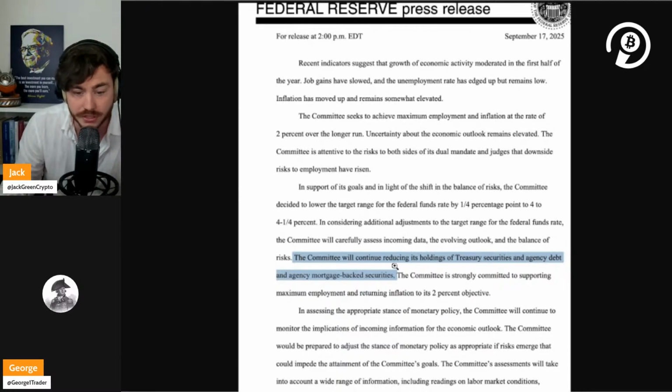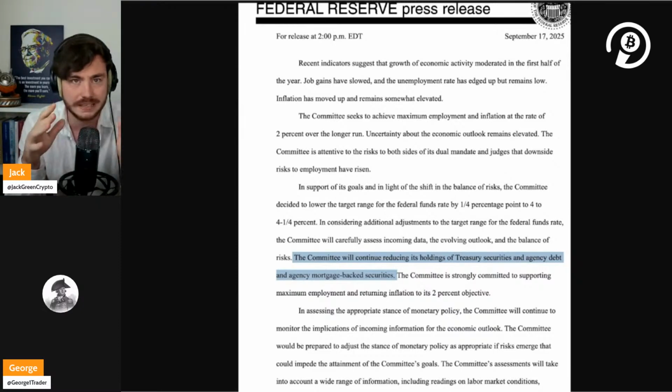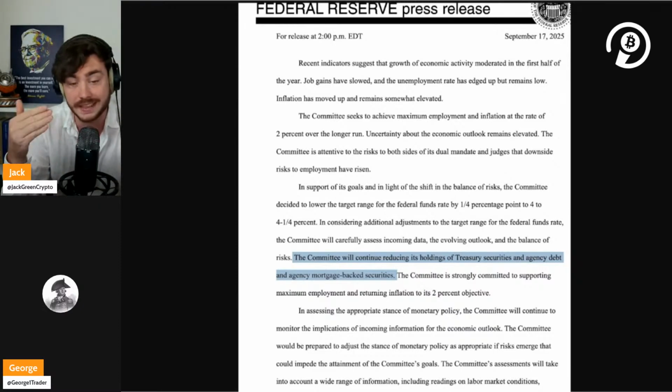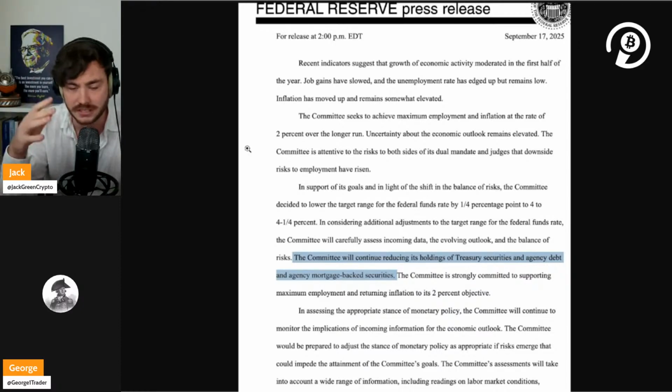So the committee will continue reducing its holdings of treasury securities and agency debt and mortgage-backed securities. So basically they sell securities and they reduce liquidity into the market. And that's not good, because the US is the main financial system of the world. So we need Fed liquidity for Bitcoin to move higher.